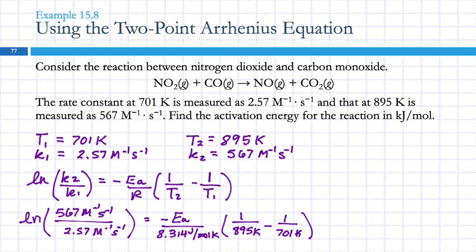And I'm going to go over to the other side and negative, and then I'm just going to use x as my variable, and that's going to be divided by 8.314. And then I'm multiplying by the quantity, 1 divided by 895 minus 1 divided by 701, close parentheses.